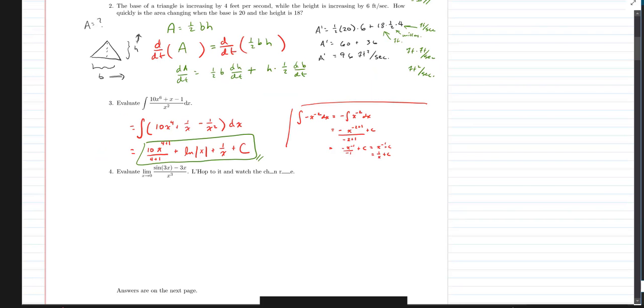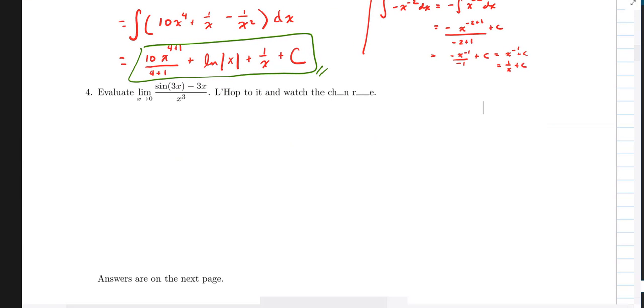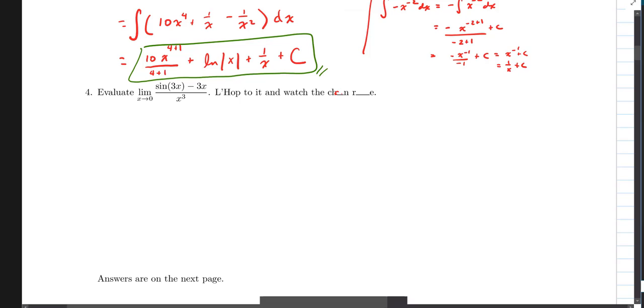So folks, we're looking at this L'Hopital's rule question. And I say to watch the chain rule on it, because if you make a mistake, that's where you'll often make a mistake. Now, let's look at this limit. I'm going to rewrite it so I can point to it and talk about it: the sine of 3x minus 3x all over x cubed.